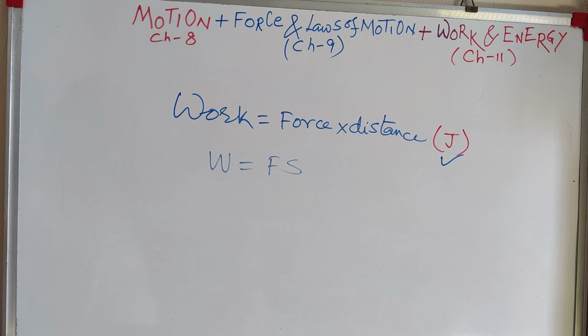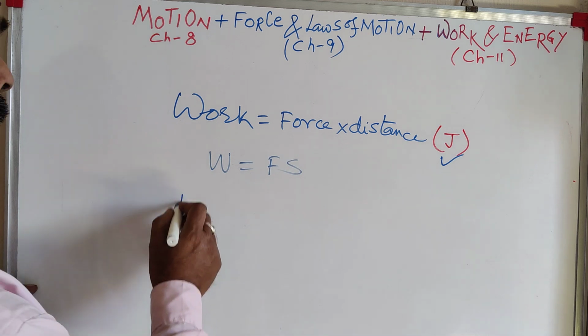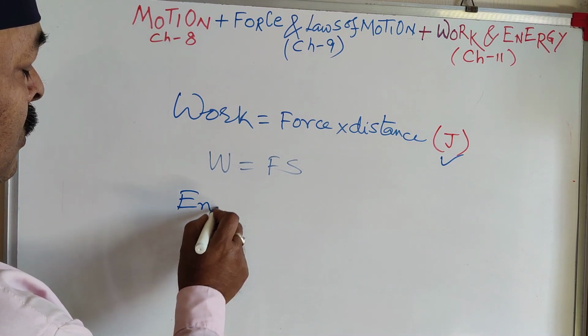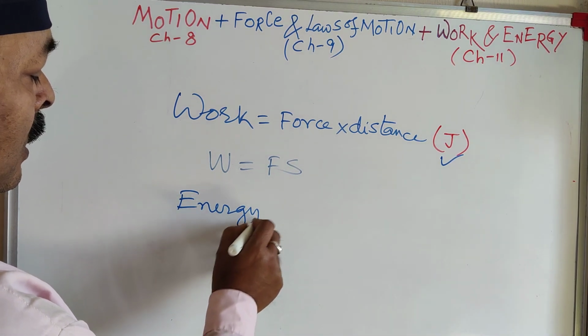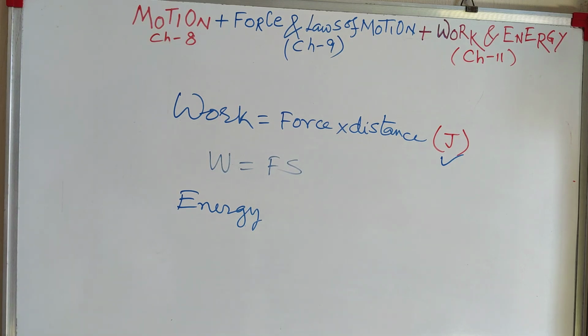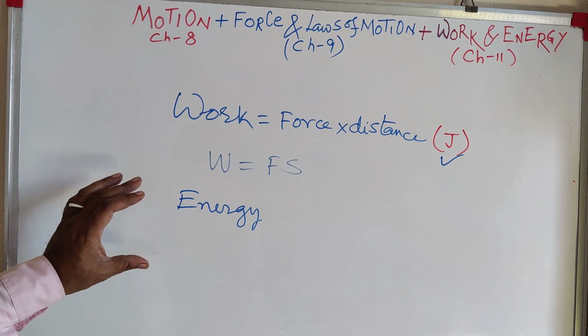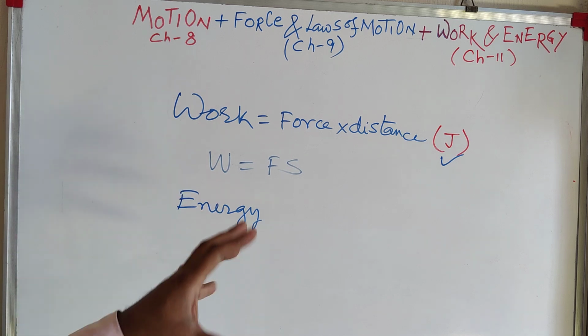Now to do some work, we have to take the help of another agent, that is called energy. We can do work only with the help of energy. So what is energy? Energy is the ability to do work. That means what is work? With the help of energy, what we are doing, that is work.